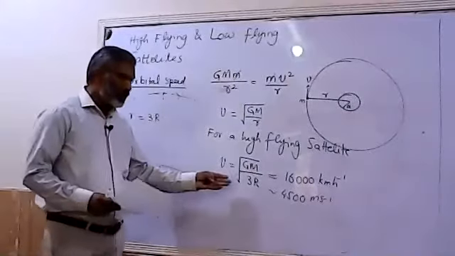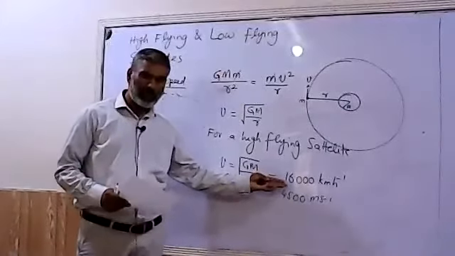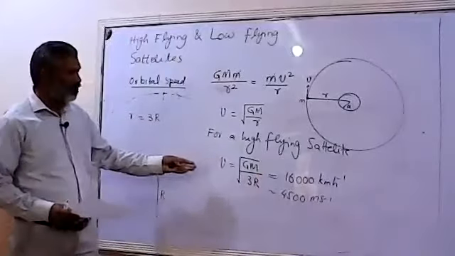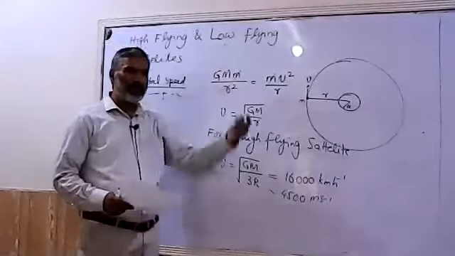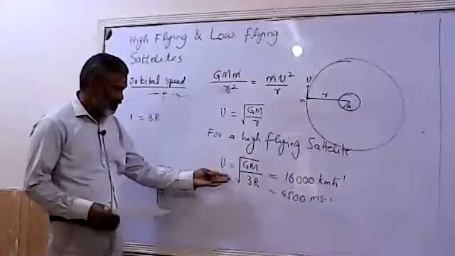This is the situation when a satellite is very far away from the center of the Earth at a distance of 3 times the radius of the Earth. So for a high flying satellite, this is the orbital speed.